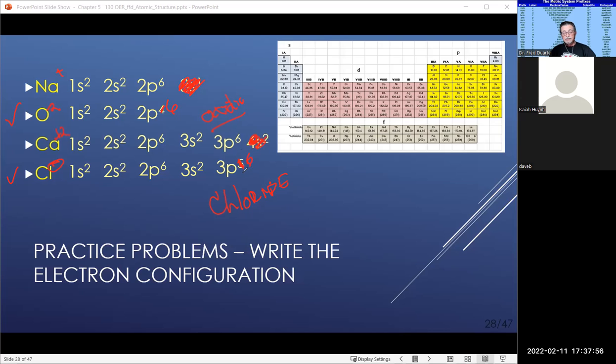And in all cases, in doing that, now we have an octet around the new ion, and it's a lot more stable than by themselves, driving again to get to the octet. Now, what does your intuition tell you?